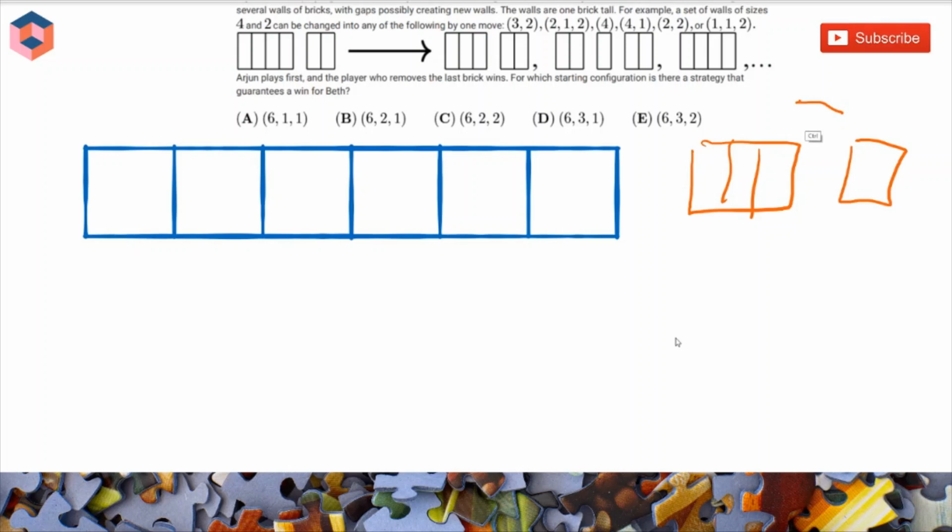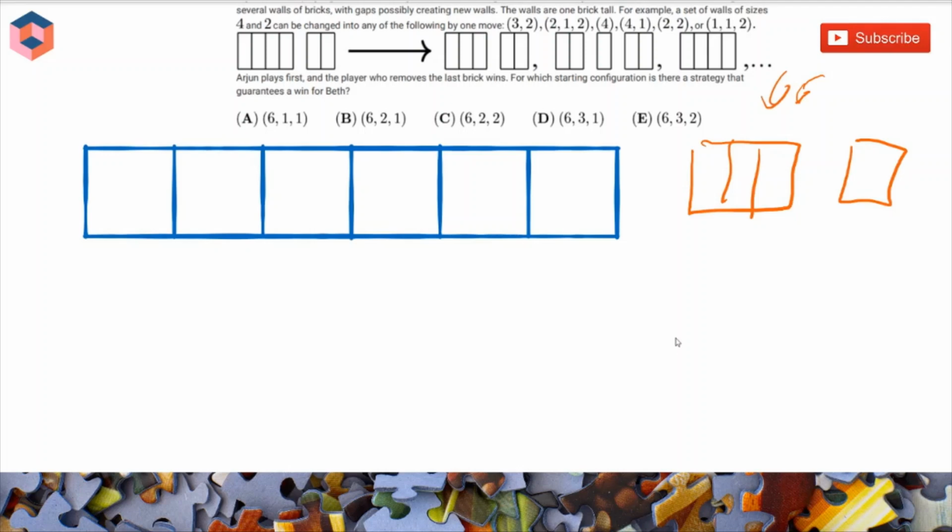Okay. And now what if Arjun decides to take one block from here? Well, then we just have a 6, 2, and 1 combination, which we already proved, or which we think, is a win for Beth, because she'll have that position then. Okay. What else can we play here? What if we take 2 from here?